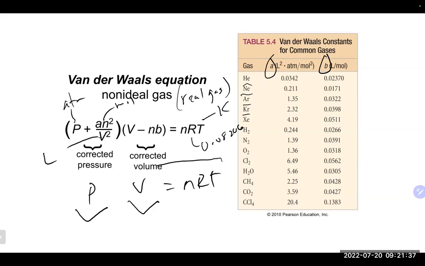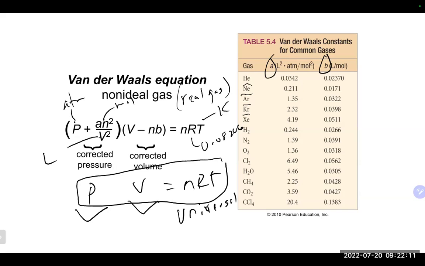The ideal gas law is frankly a more universal gas law, because you can use it for any gas you like. The van der Waals equation is a more specific gas law, because you have to look up the a and b values for the specific gas you're dealing with, and those will be different depending on the gas. So a lot of times we assume the ideal situation, because it is a little more universal.